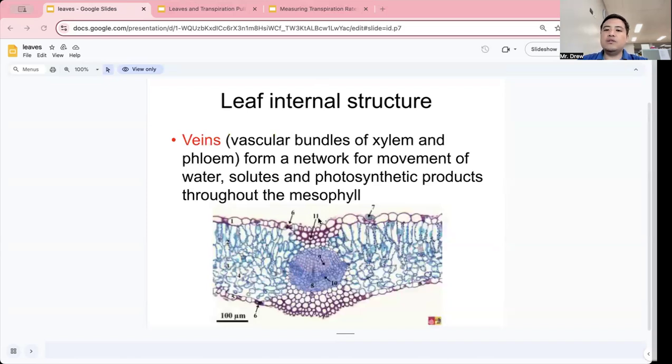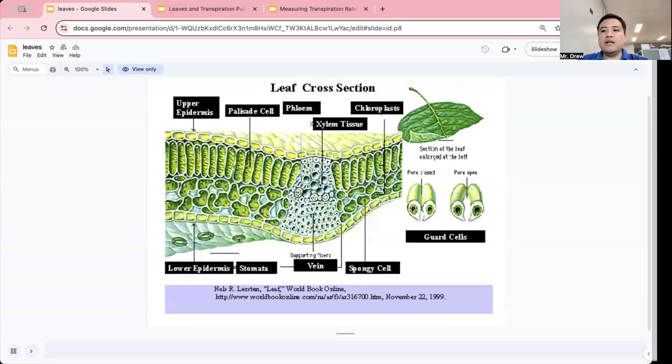The vascular system ensures that every part of the leaf has what it needs to function efficiently. As you can see here, a leaf cross section that shows the vascular bundles, the mesophyll layers, and stomata. Notice how everything is arranged for maximum efficiency.